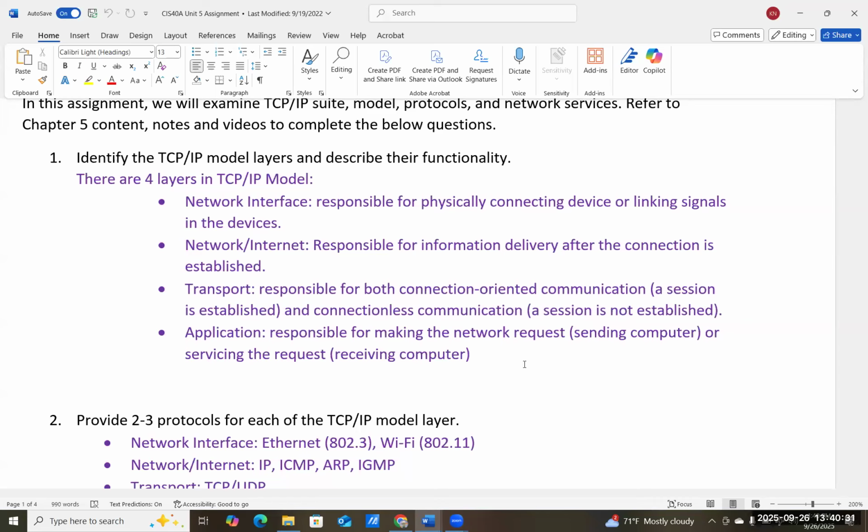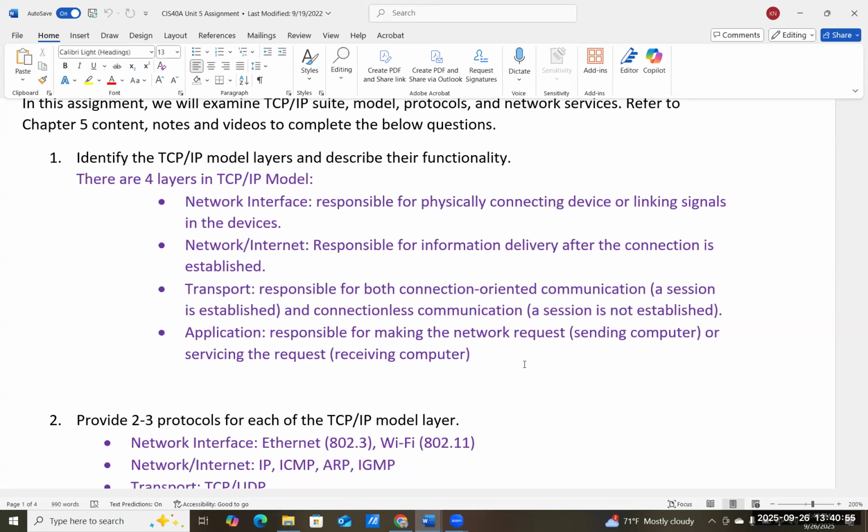For connectionless communication, where a session is not established, it is also under transport. In the case of UDP, it just opens as it arrives, and whenever it arrives, there's no confirmation. That falls under the part where there's not a true session established.